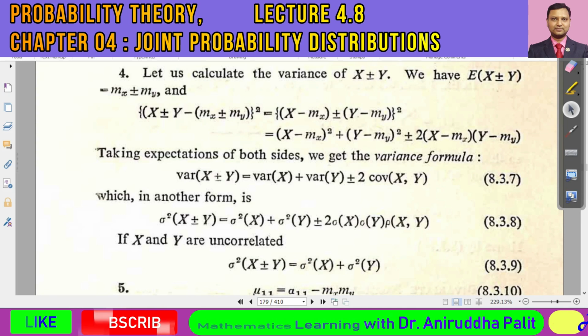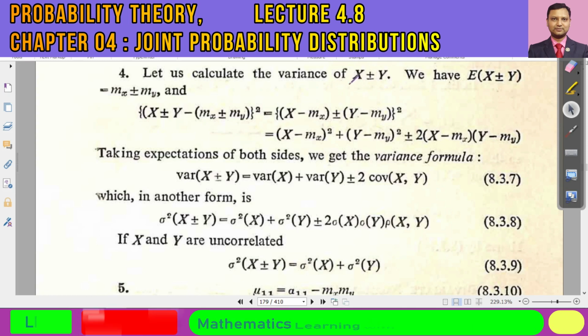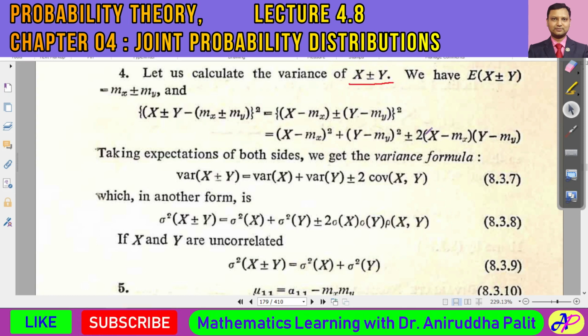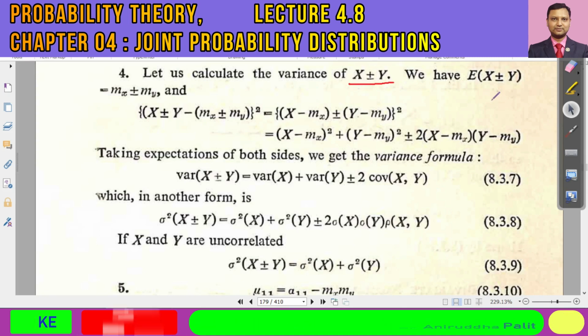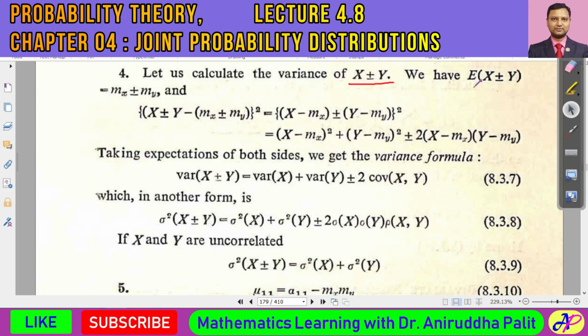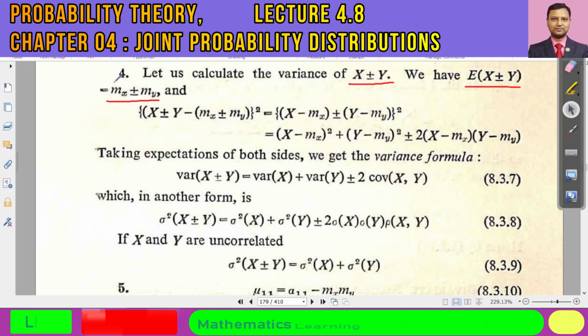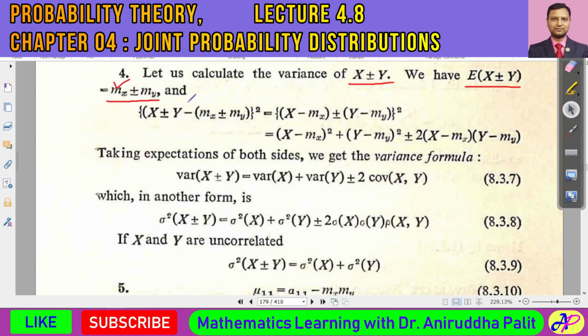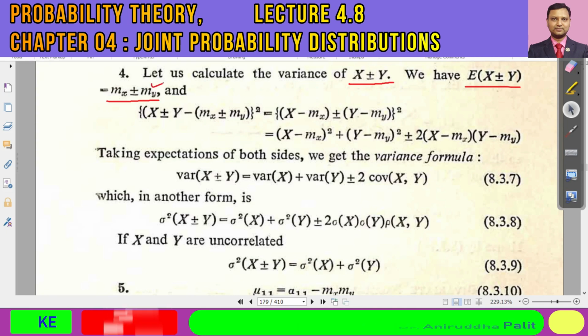What we are going to do is, at first, calculate the variance of the quantity x plus minus y. We already know that the expectation of x plus minus y is equal to mx plus minus my, where mx is the mean of x and my is the mean of y.